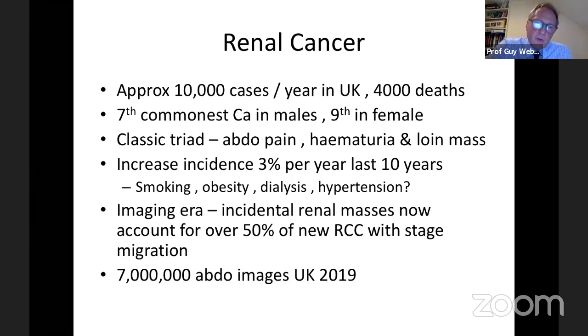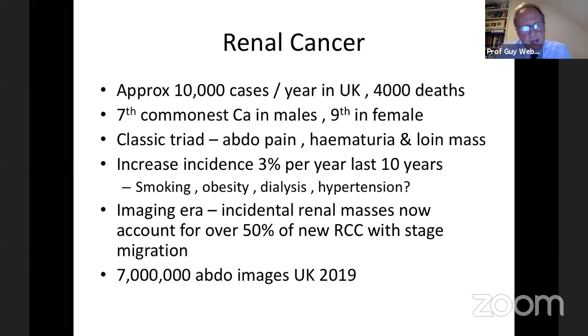But the issue at the moment is the era we're in of imaging. And so incidental renal masses account for over 50% of all our new renal cancers that are seen. And we've had a resulting stage migration, a down staging of these renal cancers from the previously symptomatic with hematuria or palpable loin mass to earlier incidental abnormalities.